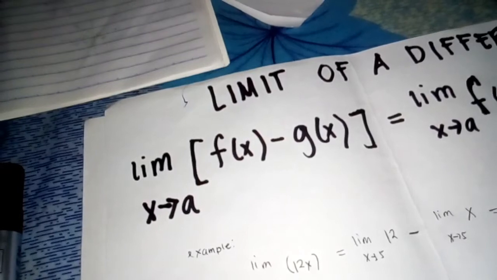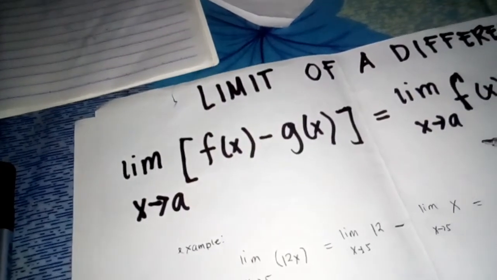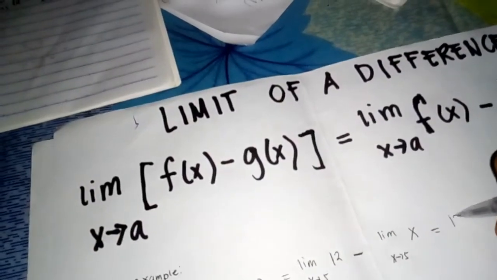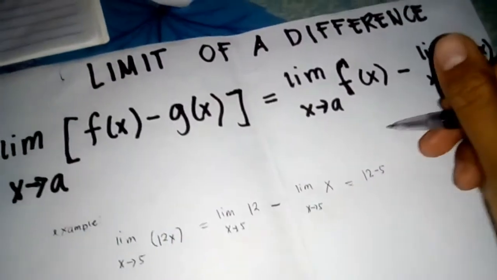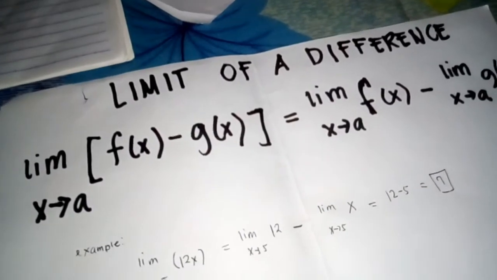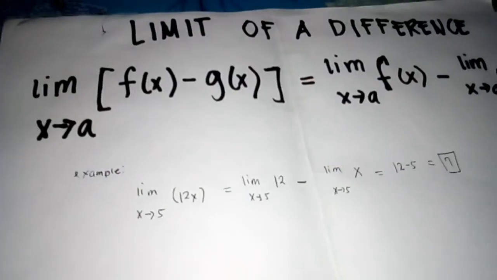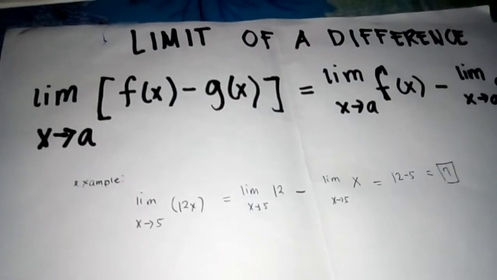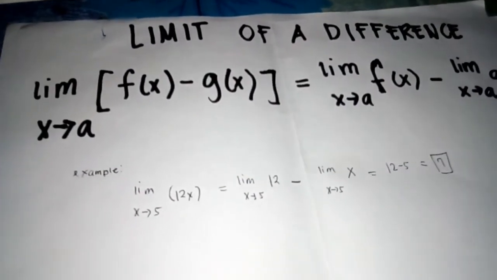Substitute 5 to x: 12 minus 5 is equal to 7. Therefore, 7 is the answer. So therefore, the limit of a difference is equal to the difference of the limits.